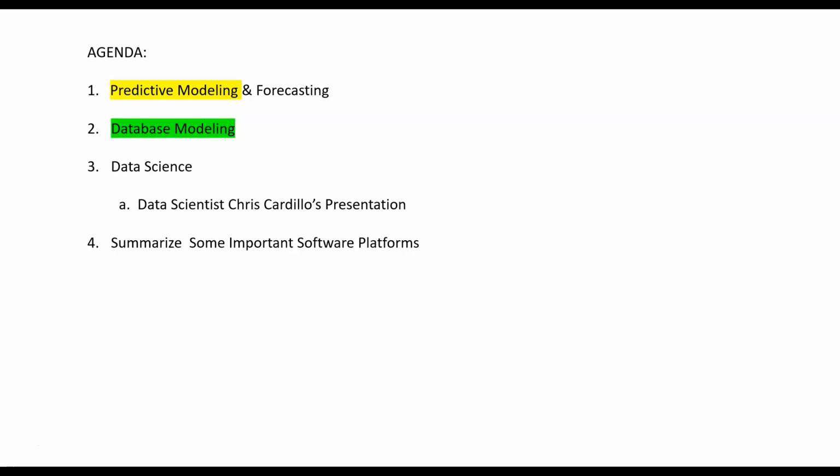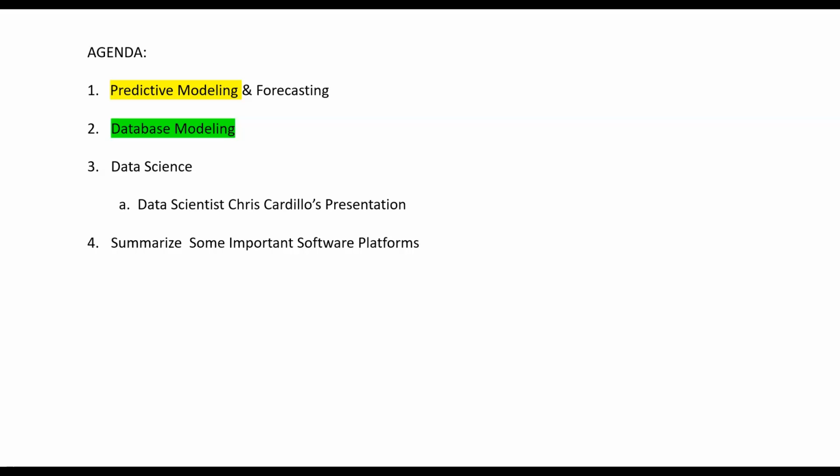We talked about database modeling, which is designing the architecture of the database, both in terms of what databases there are and how they relate to each other, as well as where it's stored. We talked about data science, that there's a lot of demand for data scientists, and we saw a video, an interesting, challenging job for special talents.